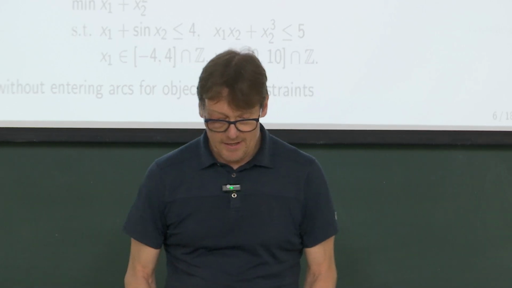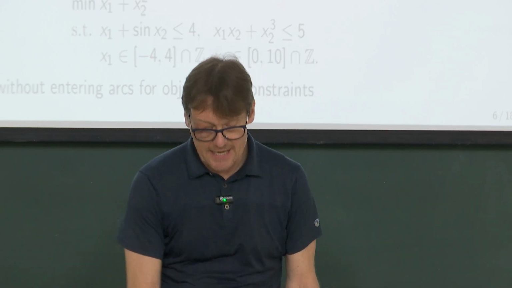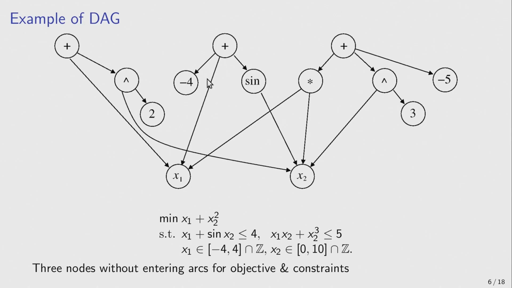Okay, so now all my functions are expressed in terms of simple operations that are either things like multiplication of two variables, taking a sine, or exponentiating a variable, and then just some additions here. So all my functions are now expressed in terms of these very simple unary or binary operations.